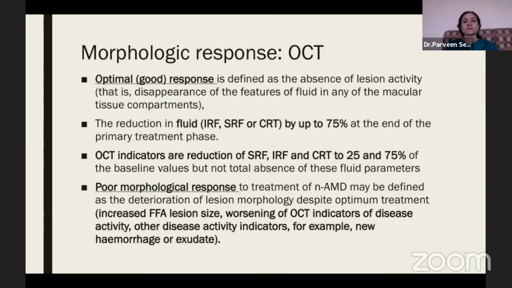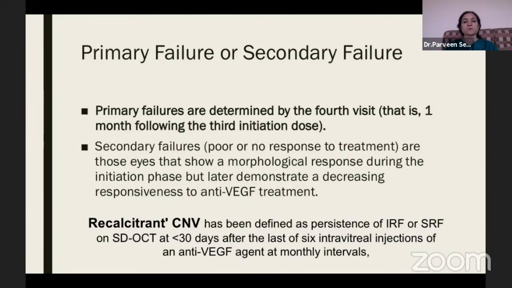So morphological response is seen on OCT. Good response is reduction in fluid by up to 75%. And if you see that there is less than 75% response, then it may not be a very good response. And if there is worsening, then we call it a non-responder. So primary failure is judged usually at 1 month after the 3rd injection, and secondary failure is anytime after 6 injections.